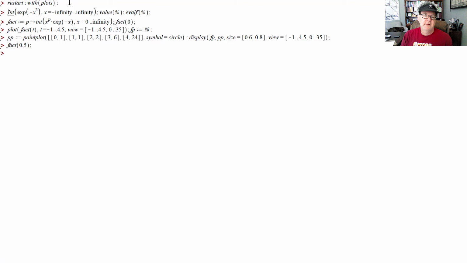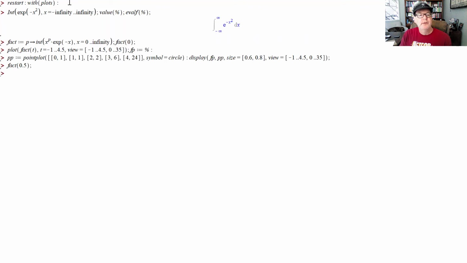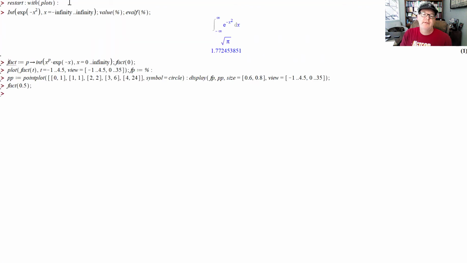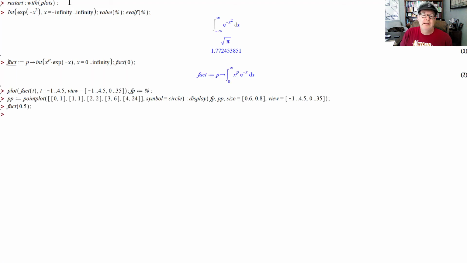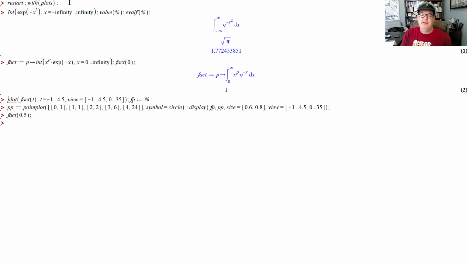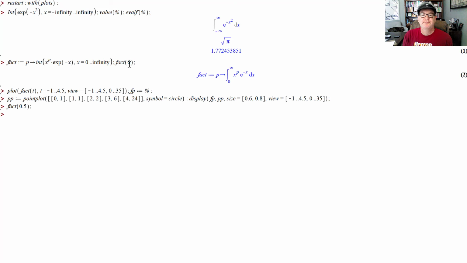So let's look at some software work here. So there's e to the negative x squared against root pi, as we all know. And again, I can define this factorial function, is kind of what I was calling it here, to be this integral. And then factorial of 0 is 1, and so on. I can do factorial of 6, it would be 720.